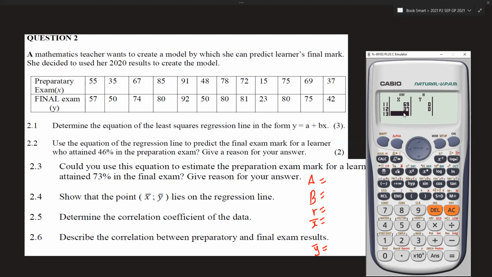Then you're on 12. Okay, let me just verify: 1, 2, 3, 4, 5, 6, 7, 8, 9, 10, 11, 12. It's always important to verify.